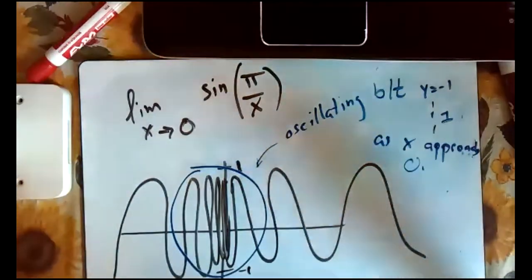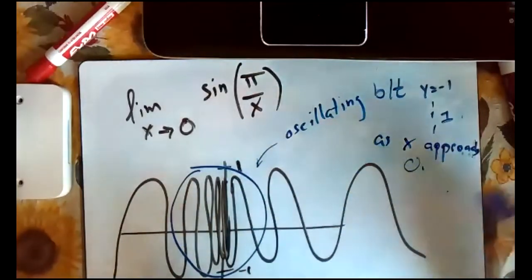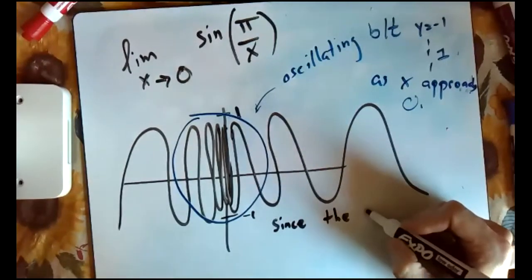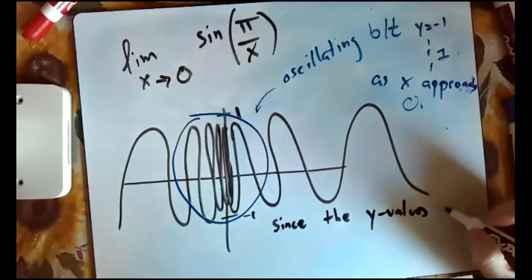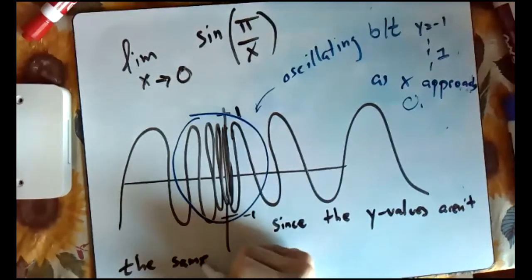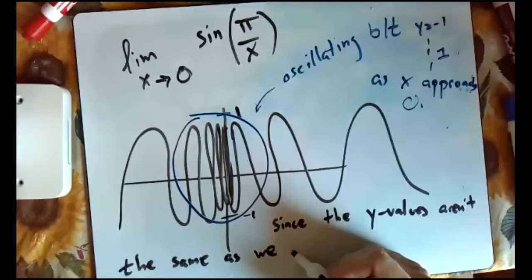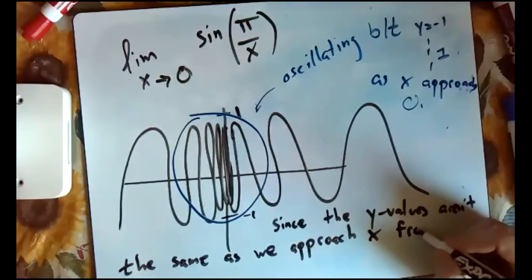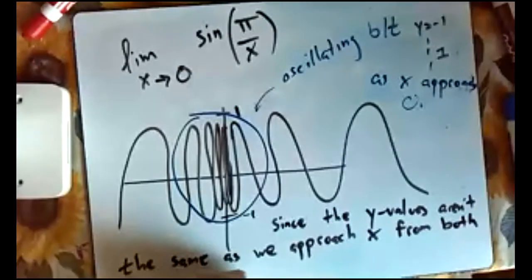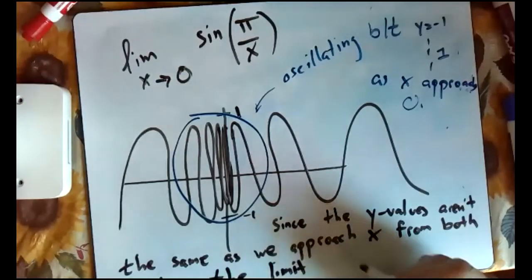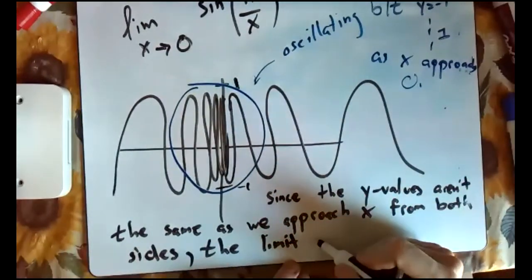So since the y values aren't the same as we approach x from both sides, we say that the limit does not exist.